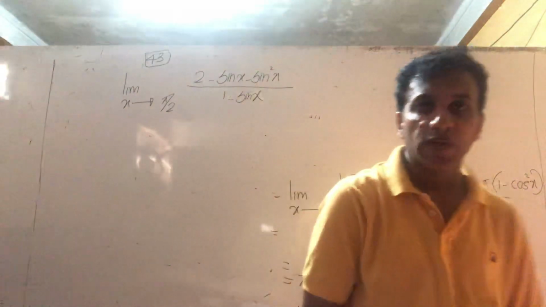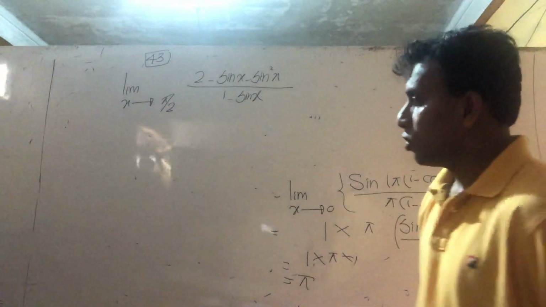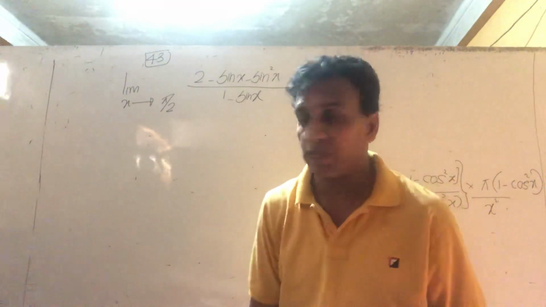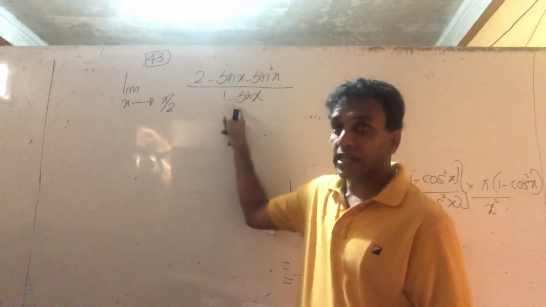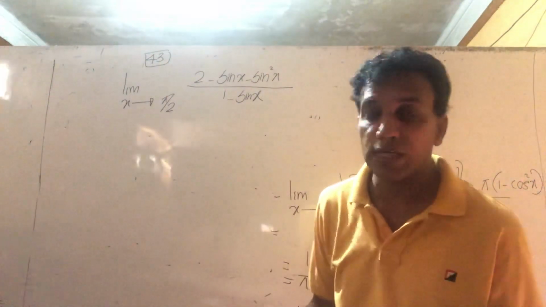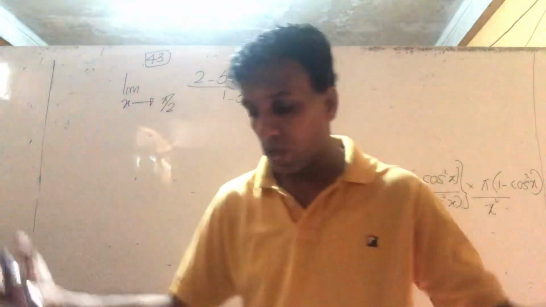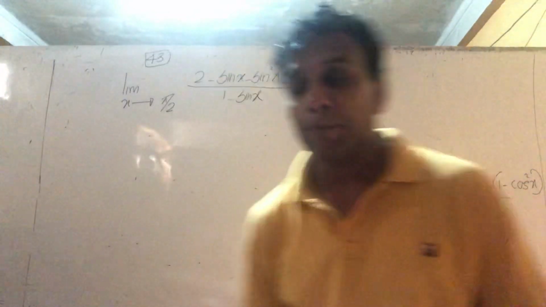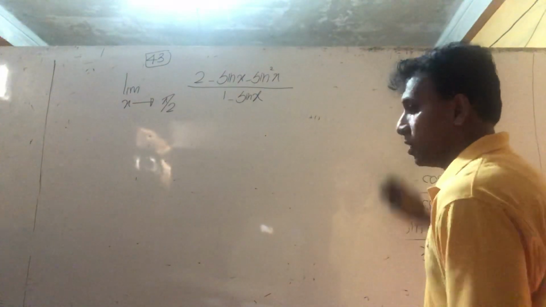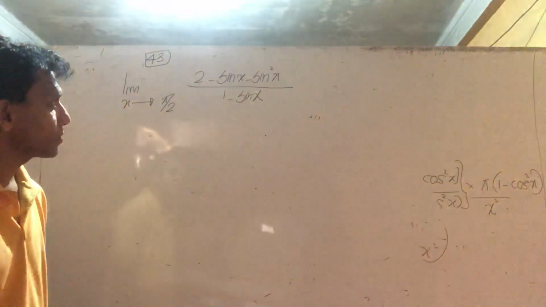What is the answer when x approaches 90 degrees or pi by 2? Always first just directly substitute and see what happens. If it's 90, sin 90 is 1, so 1 minus 1 is 0. Here 1, 1, so 2 minus 2 is 0. Therefore, one of the meaningless forms, 0 over 0 pattern. Therefore, rearrange into another form to simplify.